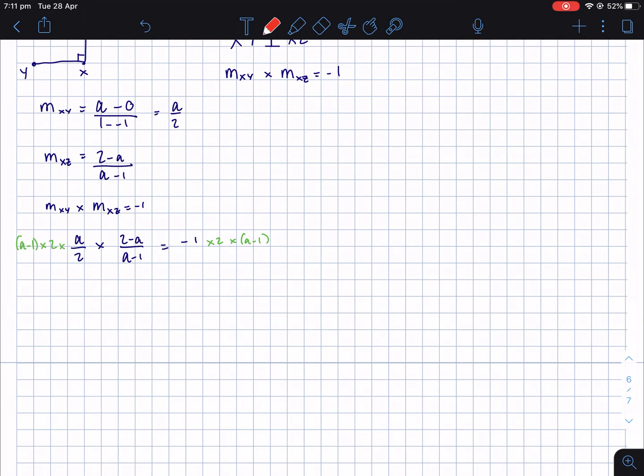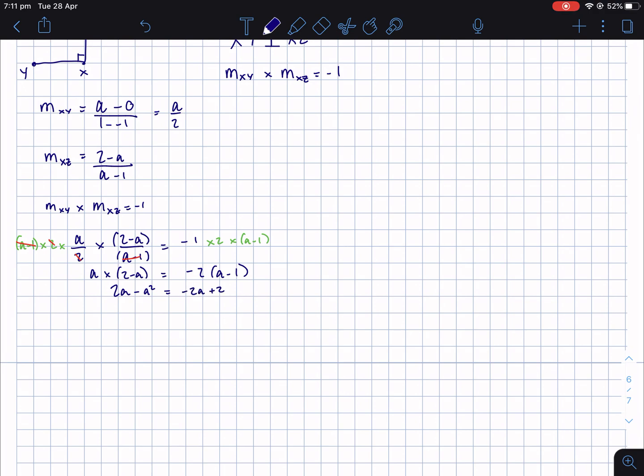So on the left, the 2's cancel out, the A take 1's cancel out, and I'm left with A times (2 take A) equals -2 times (A take 1). So let's expand these brackets: 2A take A squared equals -2A plus 2.